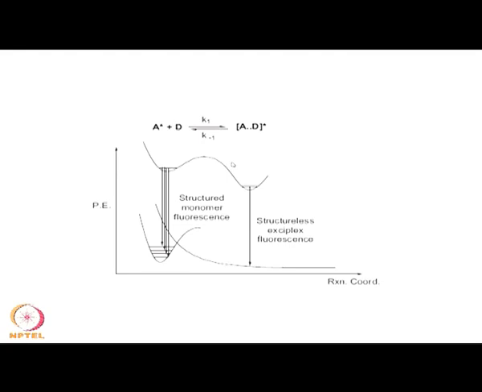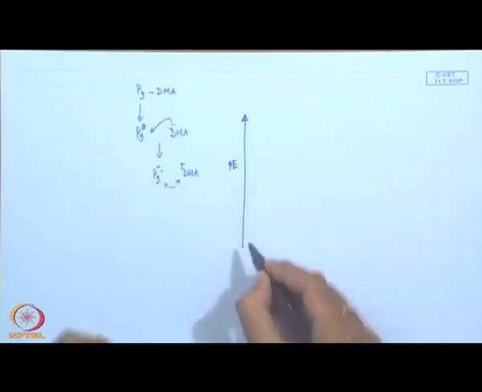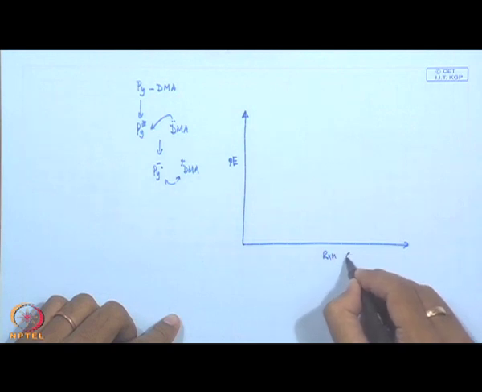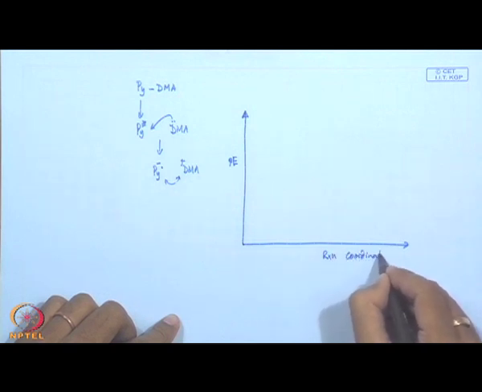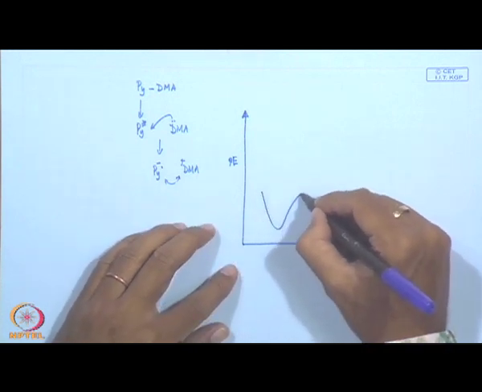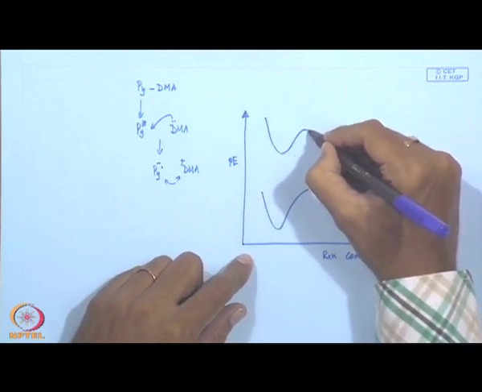Okay. So, this is the typical energy diagram for Exciplex formation. This side is the potential energy, this is the reaction coordinate, this is your ground electronic state, and this is the excited electronic state.